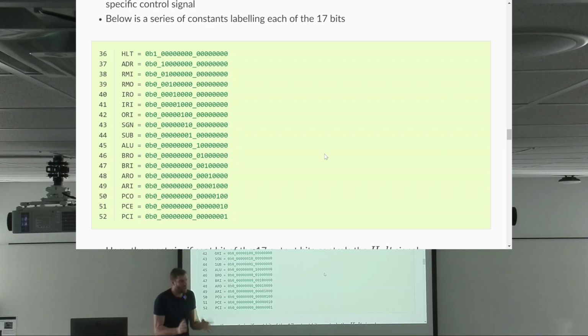If I want only halt to be high, that's the thing I want to put out. Now for load A from RAM, if I were saying RAM out, think about what that would mean in terms of the number.